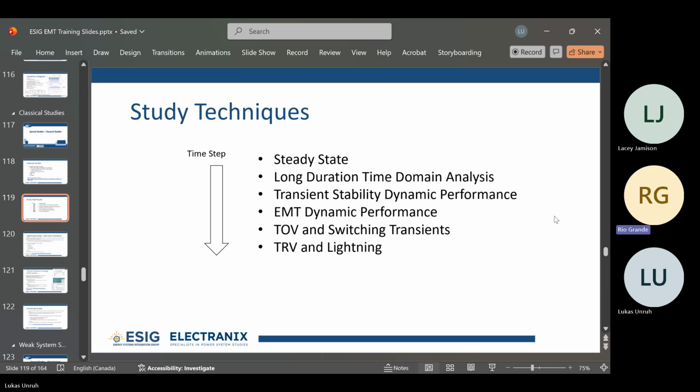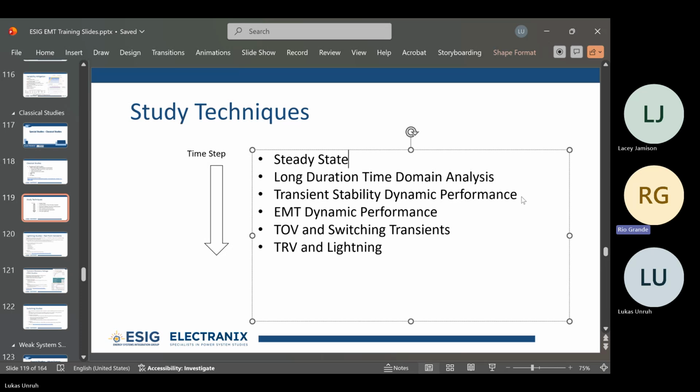So we know that studying different phenomena needs a different time step. Steady state is steady state, so effectively an infinite timeline. Long duration time domain analysis is basically like steady state, with very large time steps.